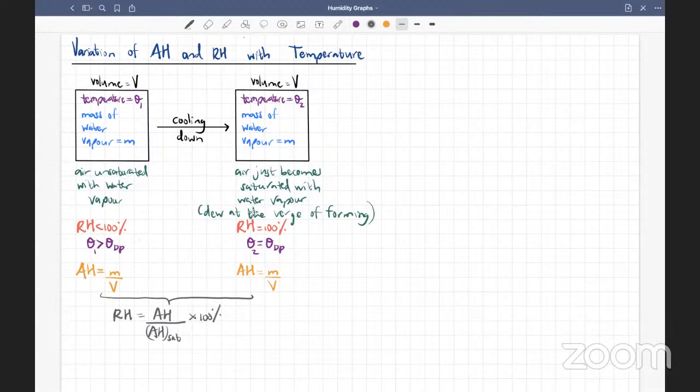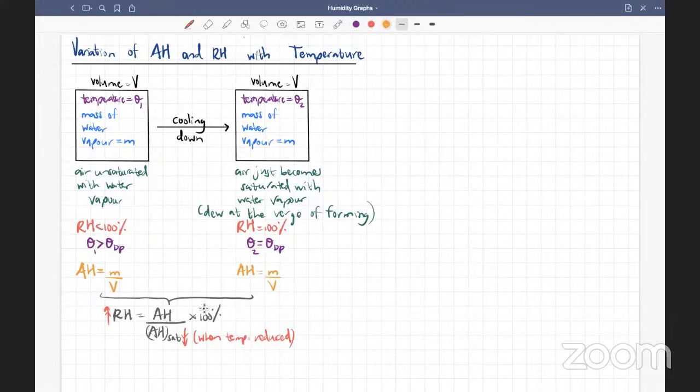When temperature is reduced, we have learned this value will decrease, and therefore this value will increase. We have learned absolute humidity of saturated vapor depends only on temperature, and when you reduce the temperature, that will reduce. So when the denominator of an equation reduces, the fraction should increase.